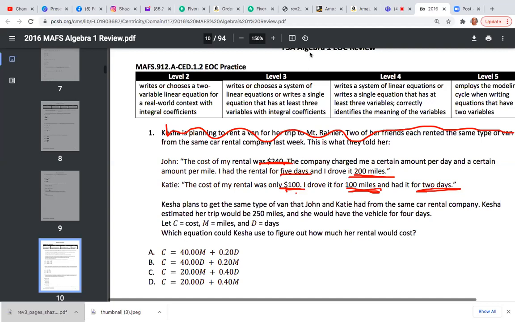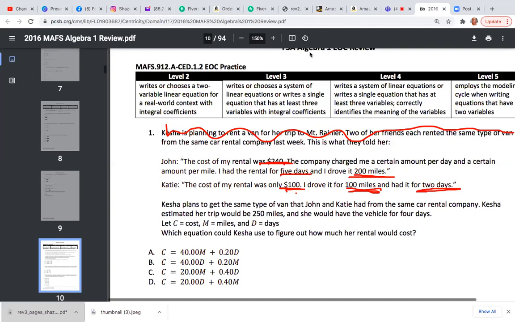Keisha plans to get the same type of van that John and Katie had from the same car rental company. Keisha estimated her trip would be 250 miles, okay? And she would have the vehicle for 4 days. Let C equal the cost, M equal the miles, and D equal the days. Which equation could Keisha use to figure out how much her rental would cost, okay?